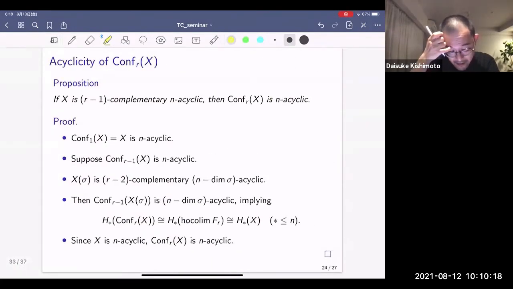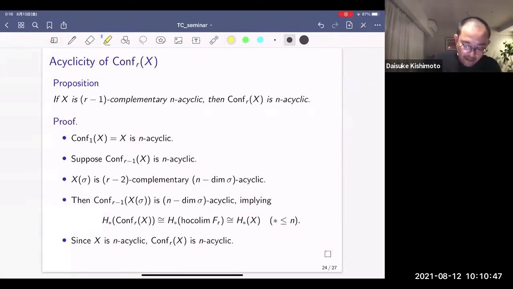Right. So with this lemma, we can compute the acyclicity of Conf_r X like this. If X is (r minus 1)-complementary and n-acyclic, then Conf_r X is n-acyclic. This is done by induction on r. The first step is trivial because Conf_1 X is X, which is n-acyclic by assumption.